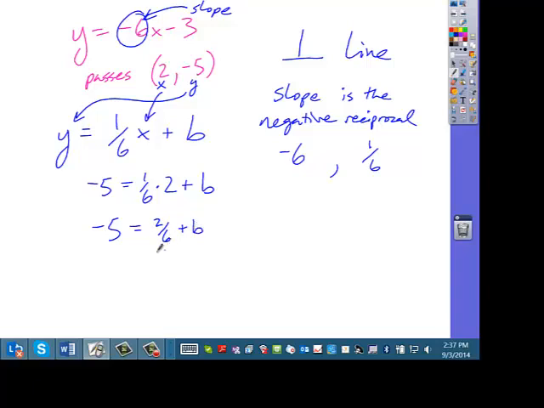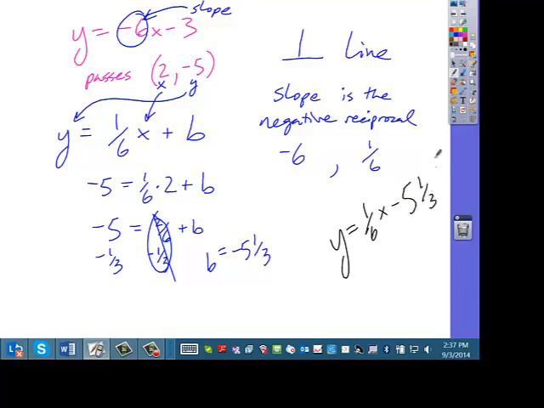And so when I subtract from both sides, I have b equals -5 1/3. So my equation is y equals 1/6x minus 5 1/3. That's question 4.